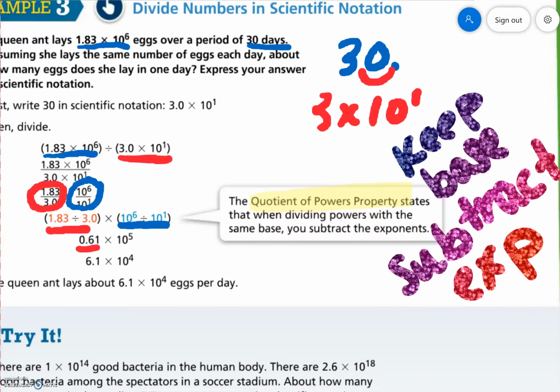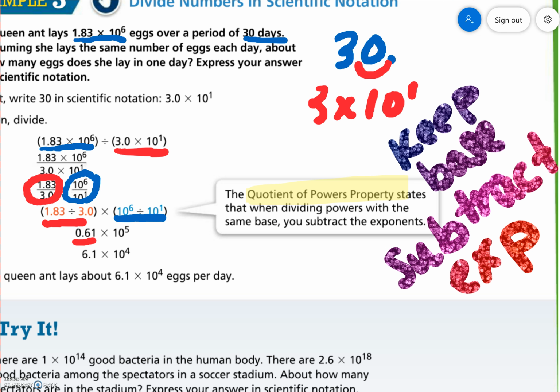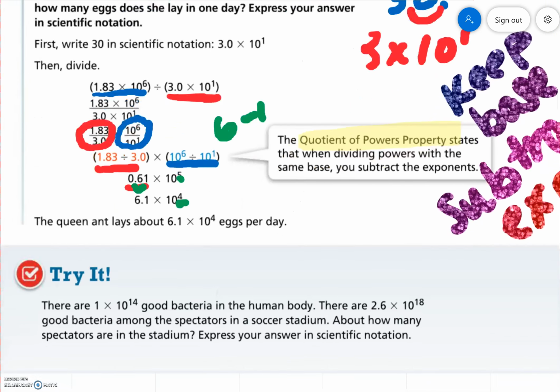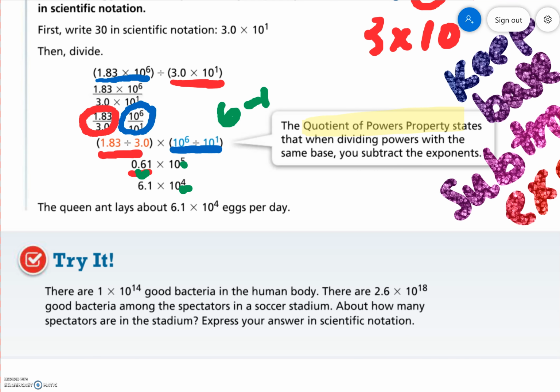So that's where they get 6 minus 1 to get 5. Now, 0.61 is not between 1 and 10, so we have to move it 1 to the right, which actually means we're helping make this smaller number a bigger number, so we have to subtract 1 from the exponent. So the queen ant lays about 6.1 times 10 to the 4 eggs per day.